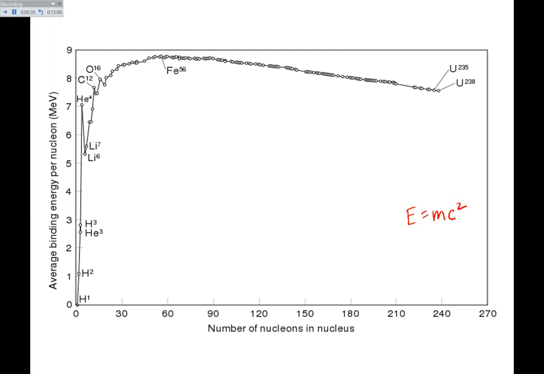And we find that when particles fall together, so to speak, into a nucleus, they lose mass. So, for instance, if you take 2 protons and 2 neutrons and you work out their total mass, it's more than the mass of a helium nucleus.